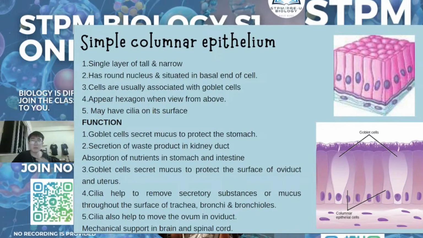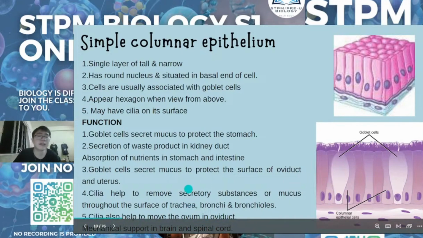Every month, in the menstrual cycle, your ovary will release the secondary oocyte, your ovum, and then it goes to the uterus. If no fertilization occurs, your menstruation will occur. So you can see that it is very related.